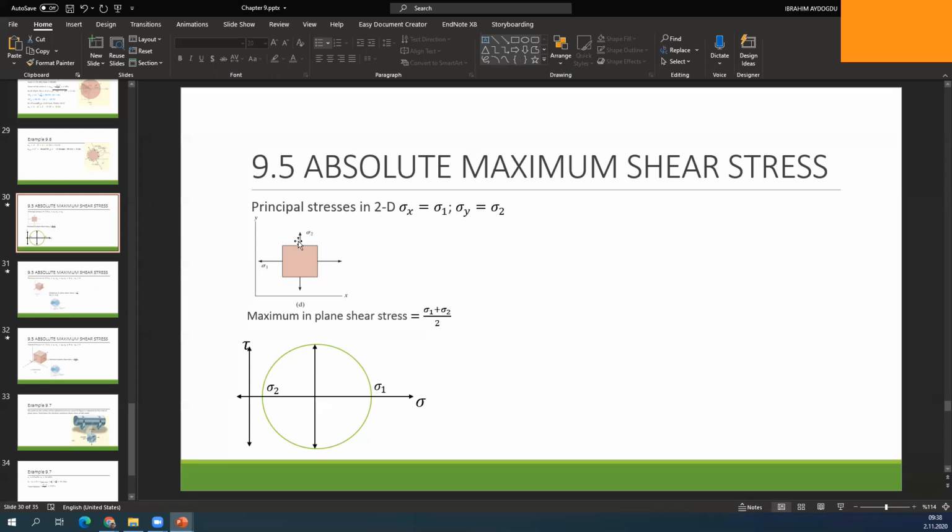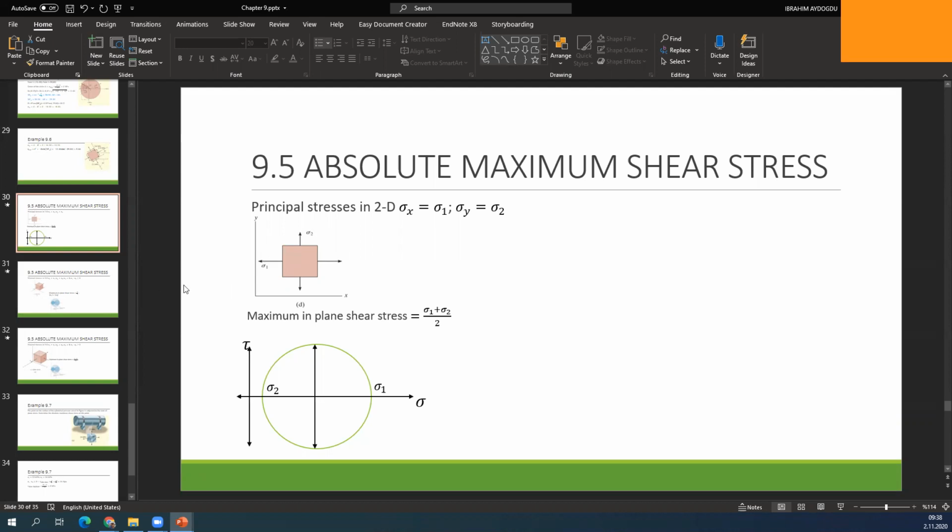We considered the stress transformation on 2D. However, even if there is no stress in the Z direction, sometimes in some cases we need to consider 3D cases.